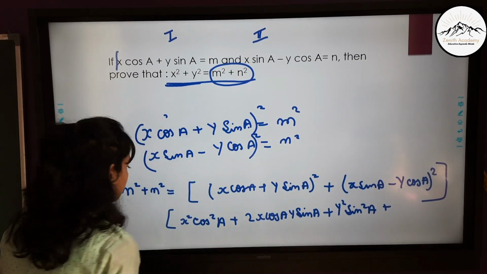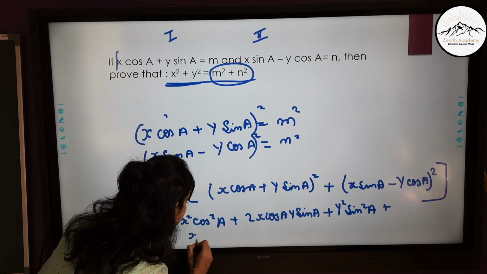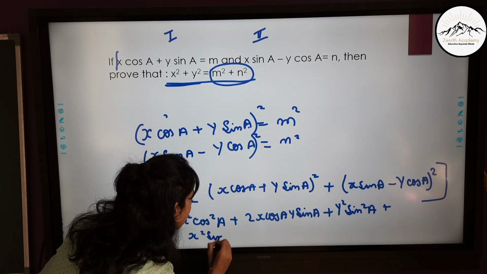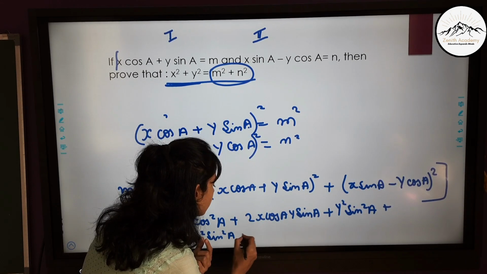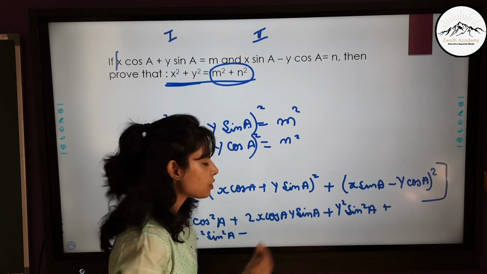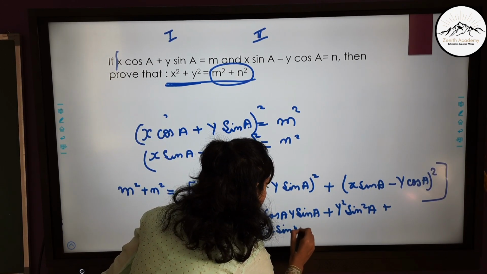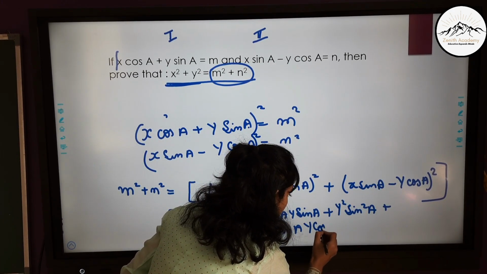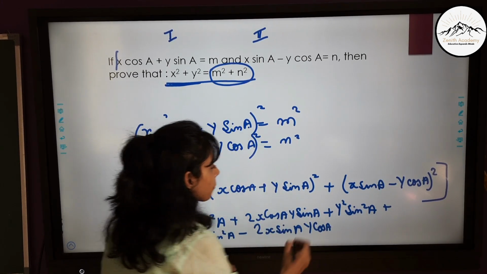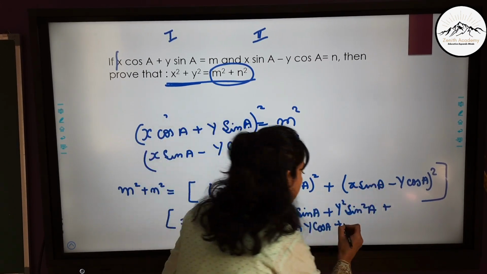So let's write plus x square sin square A, minus, since this is a minus b whole square, 2 x sin A y cos A, plus y square cos square A.